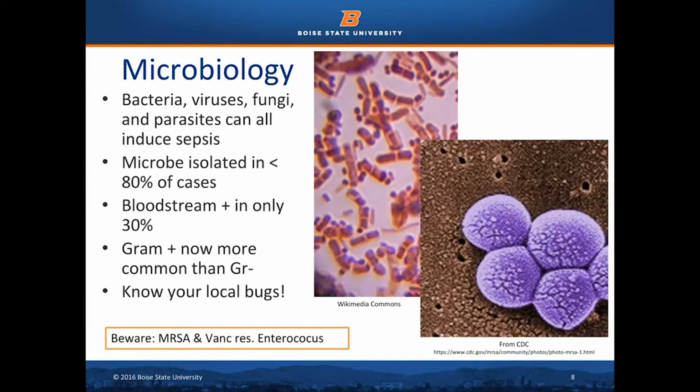But if any of you have taken care of a really bad viral pneumonia, you know that can be pretty nasty as well. Fungal organisms usually tend to be in patients with depressed immune systems. So the inflammatory response in that setting is usually a little bit more muted.